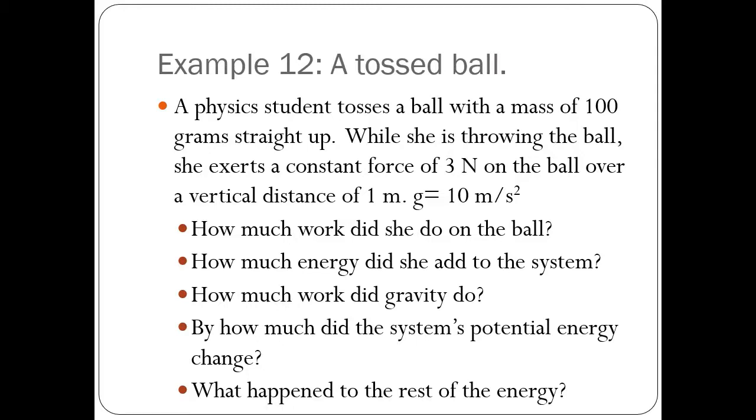By how much did the system's potential energy change? Well, the potential energy change is defined as the negative of the work done by the conservative force. So the potential energy must have changed by a positive 1 joule, because it's the negative of the work done by the conservative force, and since gravity did negative 1 joule, it's a positive 1 joule increase in energy.